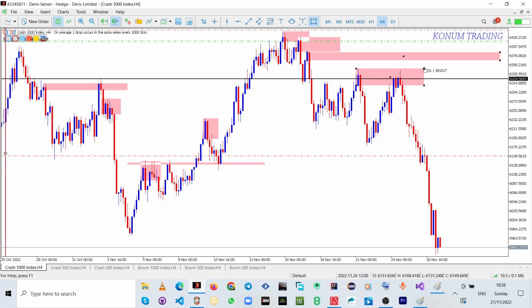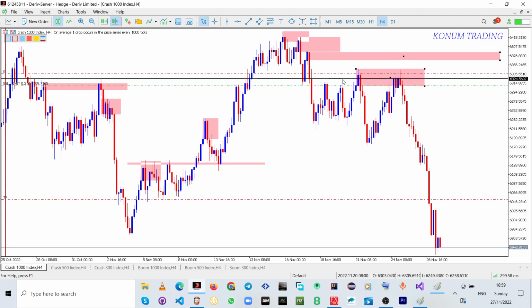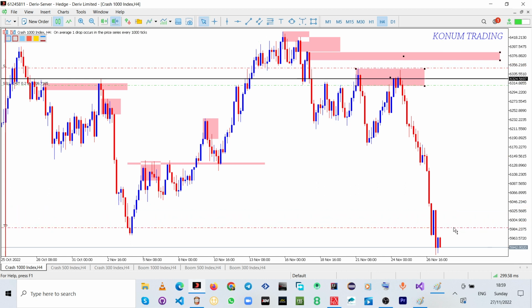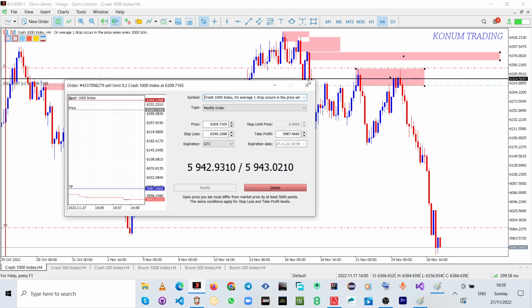This one was triggered, and this one, your trade will be triggered right here. Then your stop loss will be right above the zone, and your take profit will be right in this other zone right here. Guys, this is as simple as I'm giving it to you.